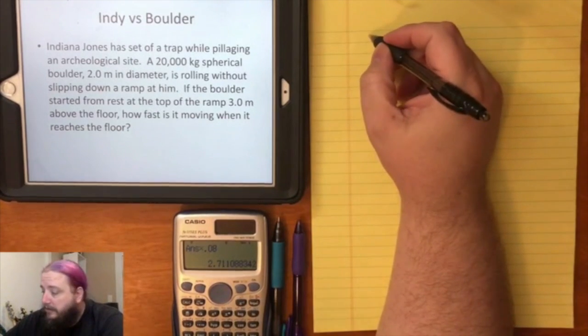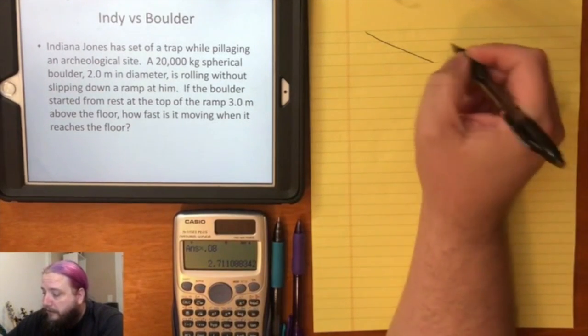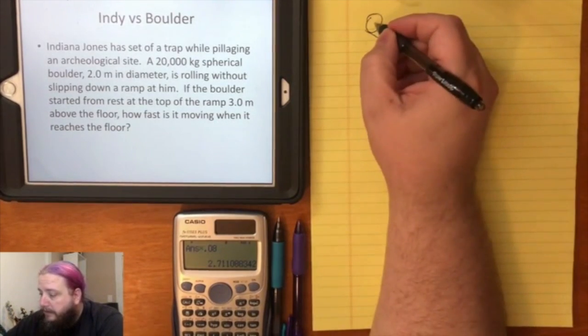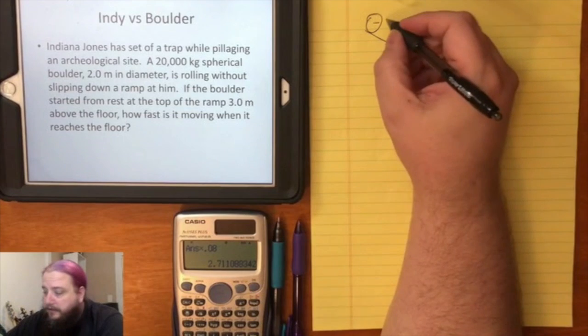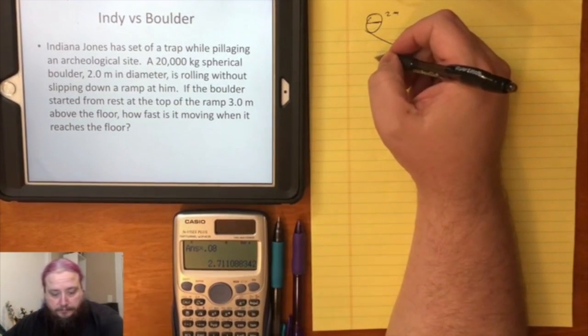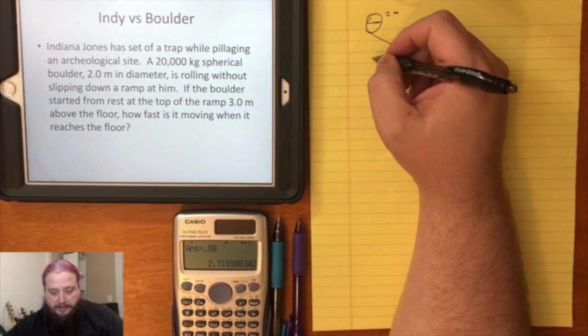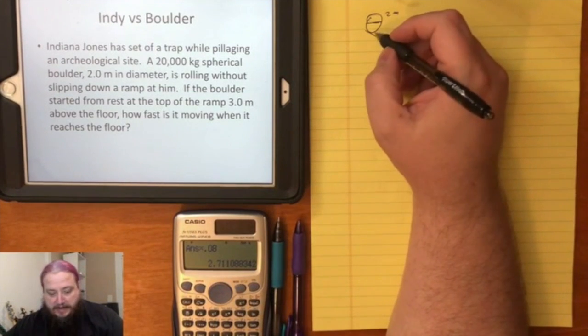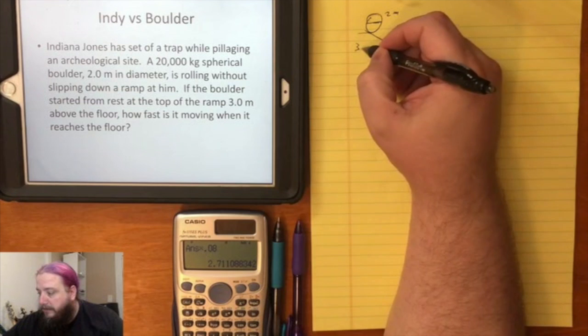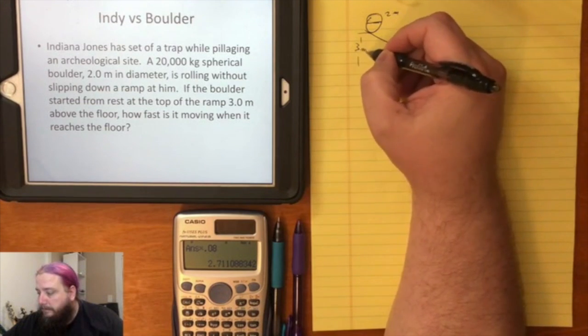All right. So here we have a ramp, a great big boulder up here, which has a diameter of 2 meters, and a height here of 3 meters above the floor.